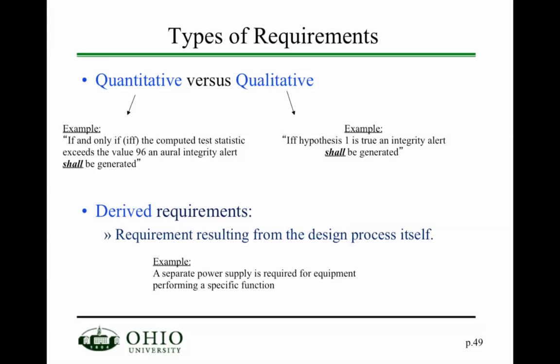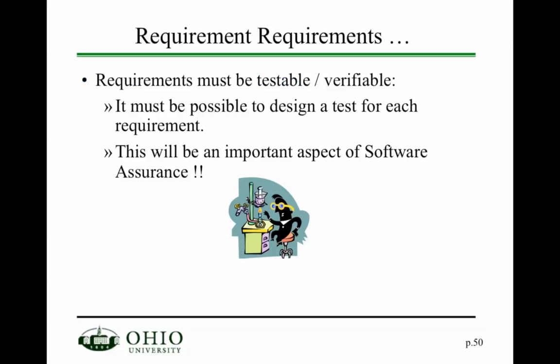Typically these can be quantitatively or qualitatively derived. This will be talked about a little bit more when we start talking about software requirements specifically. So again, it's very important that requirements can be tested. If you write a requirement, think in the back of your head, can I design a test for this requirement? This is especially important for software requirements.